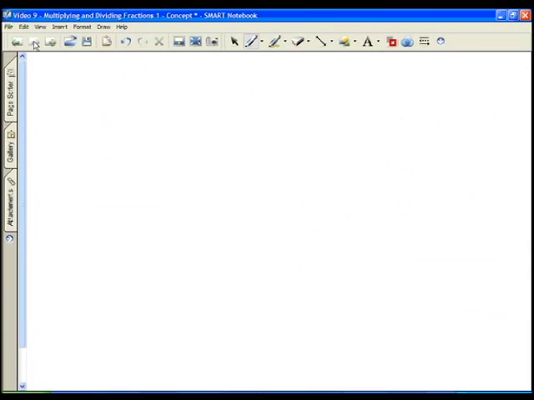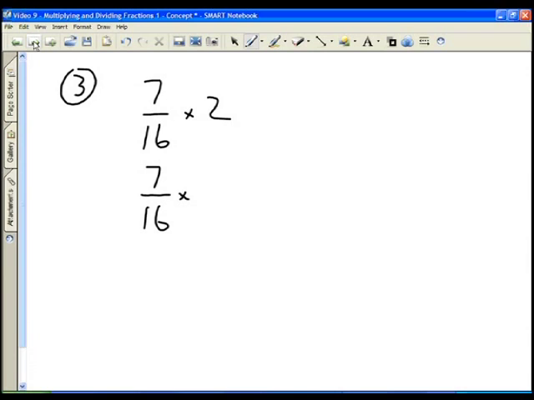So if we take a look at one more example, let's look at an interesting one like 7/16 times 2. 7/16 times 2, and 2 is a whole number. When you have a whole number, any whole number can be written as a fraction with a denominator of 1. So anytime you see a whole number, you can represent it as a fraction with a denominator of 1.